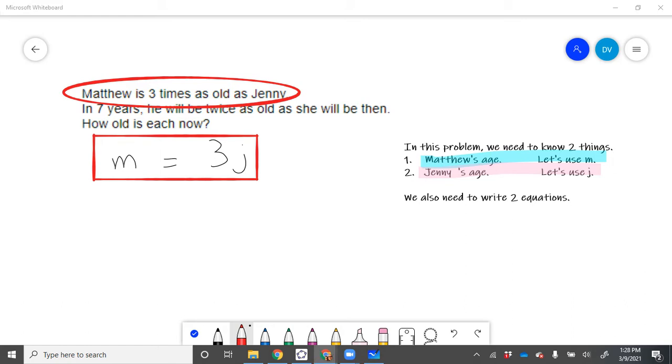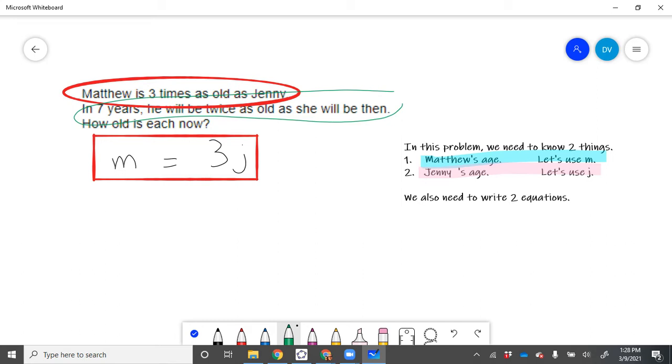Now we're going to write another equation, and I'm going to use the other color and a new box. In 7 years, he, Matt, will be twice as old as Jenny will be. I'm paraphrasing it.